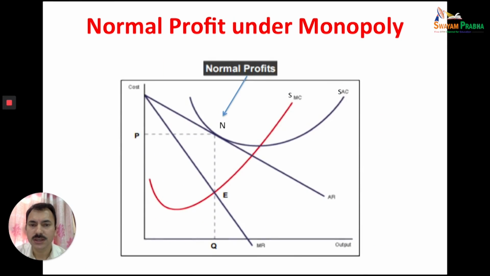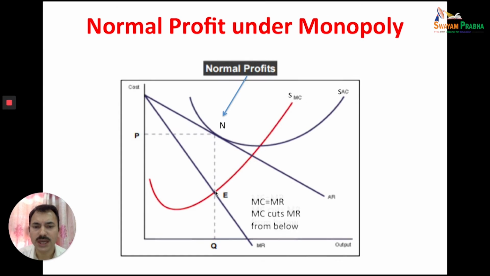Similarly, on the x-axis we have output, on the y-axis we have price, cost, revenue. AR is the average revenue, MR is the marginal revenue, AC is the short-term average cost, and MC is the marginal cost.